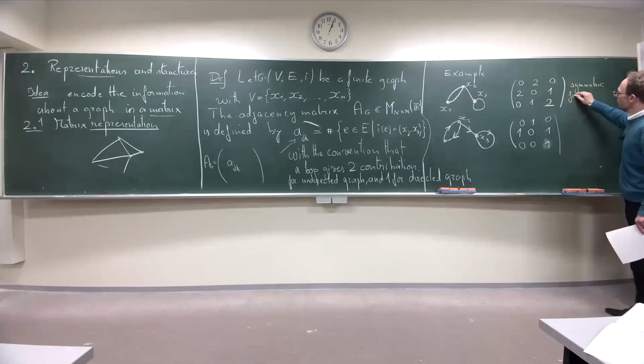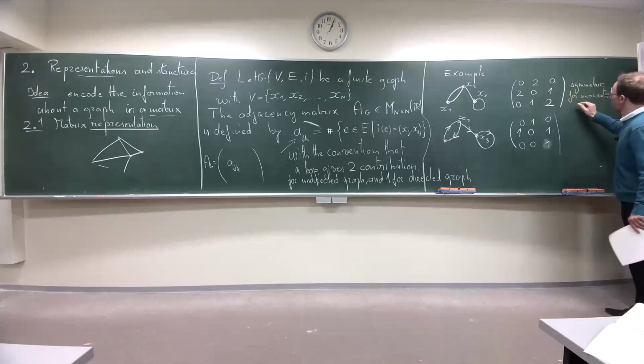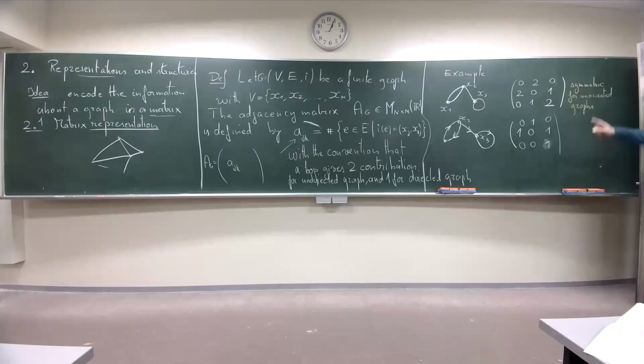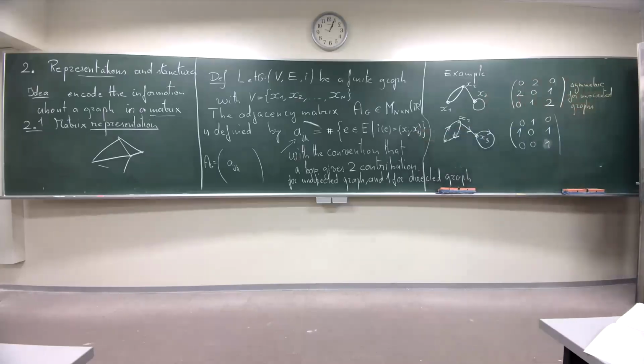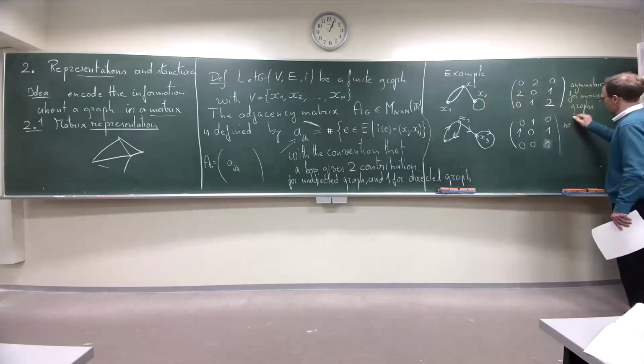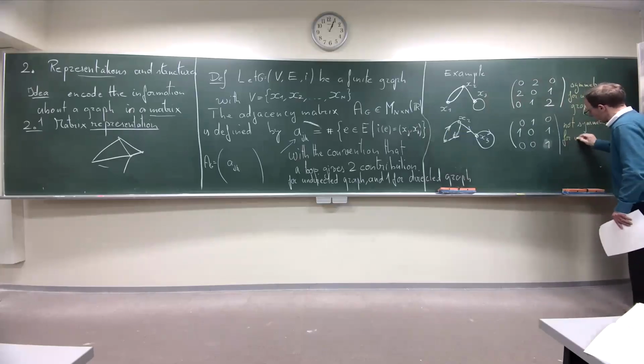So it's symmetric for unoriented graphs. This is true for all unoriented graphs, because precisely you can exchange these 2 entries, but it's not symmetric in general for oriented ones.